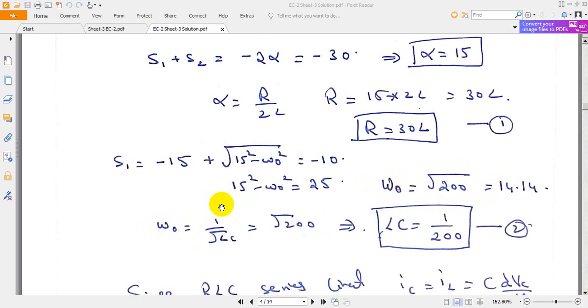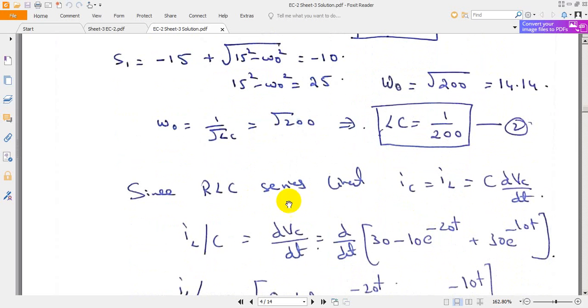We also know omega naught is equal to 1 by square root of LC, or LC is equal to 1 by 200. This is one other relationship. Since it is an RLC series circuit, IC is equal to IL. Current flowing through the capacitor should be equal to current flowing through the inductor.